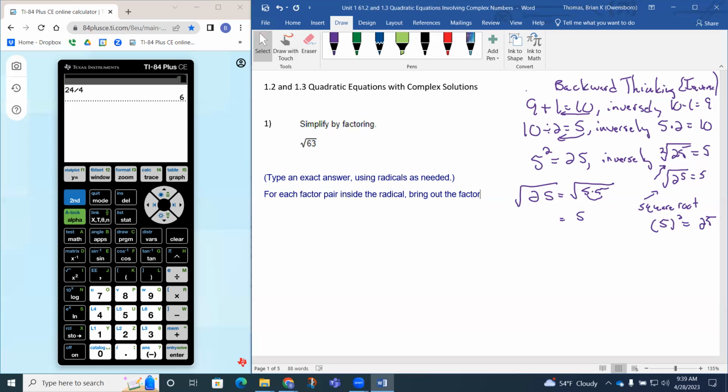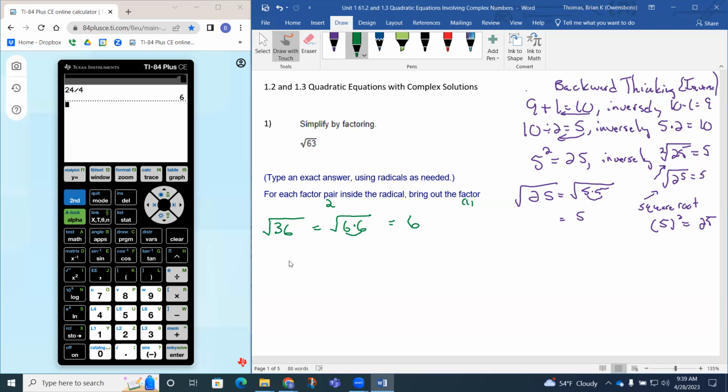So for every 2, we bring out 1. Pair kind of implies this 2 concept. So for every factor pair, in other words, if there's 2 of the same thing inside, we're going to bring out just one of those 5s. If I have the square root of 36, that's the same thing as 6 times 6. So that's how we have a factor pair. If we have a factor pair, we bring 1 six out. And since there's nothing left inside the radical, it just drops out of the problem. So that becomes our answer.